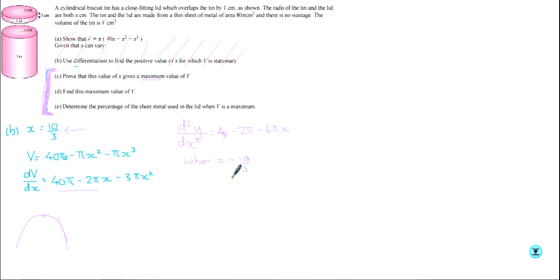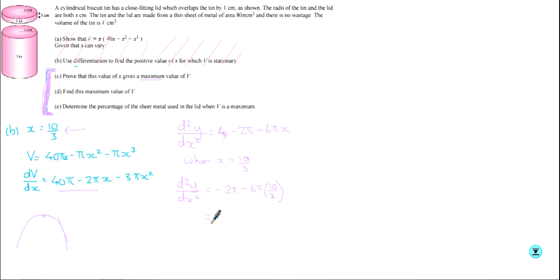So d2y by dx squared is going to be equal to minus 2 pi, take away 6 pi lots of 10 over 3. I could probably get rid of these pi's, because when it was equal to 0, I could just cancel those out, but I'm just going to leave them in.